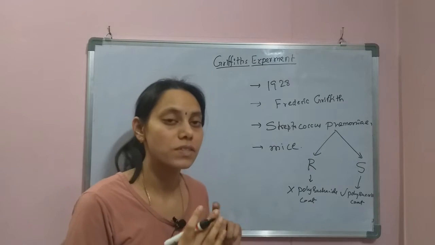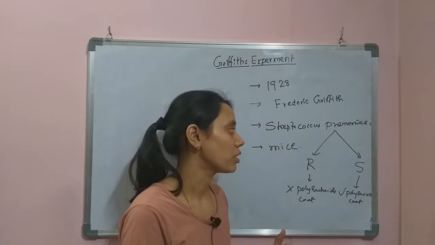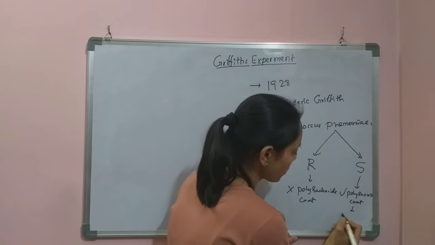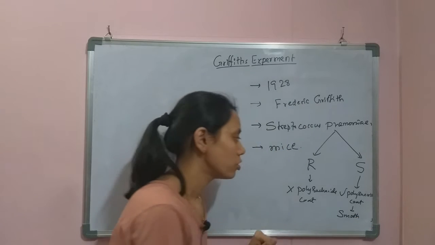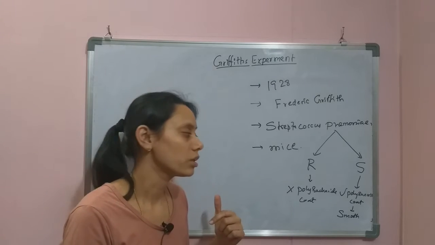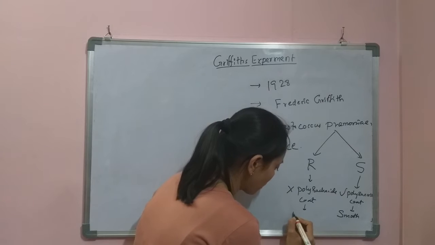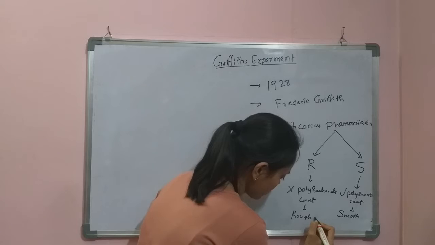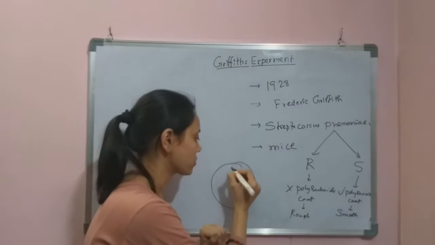Due to the presence of the polysaccharide coat, otherwise called the capsule, around this bacteria, it will be in smooth texture. And due to the absence of this polysaccharide coat or capsule around it, the bacteria will be present in rough structure, or it forms such colonies on the petri dishes.